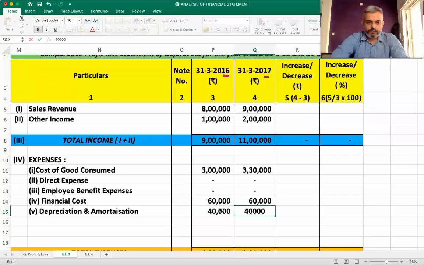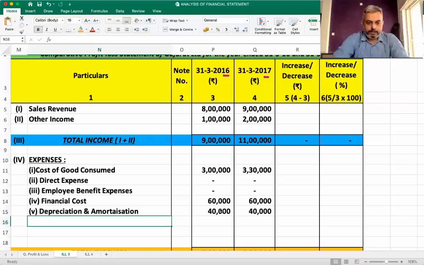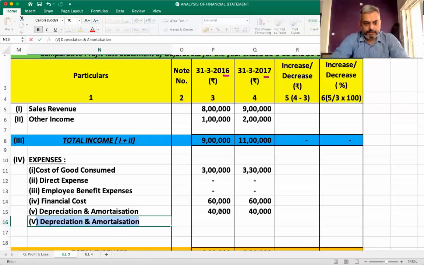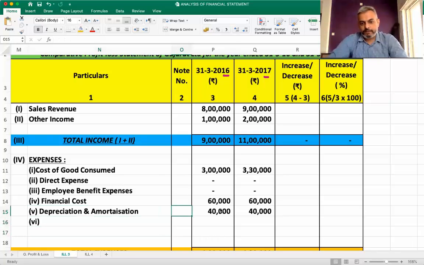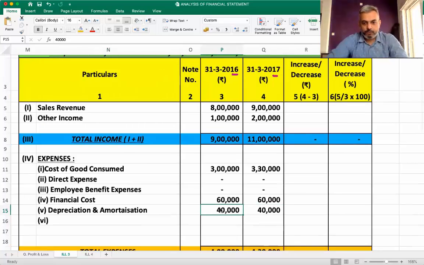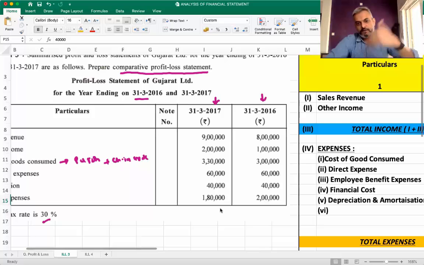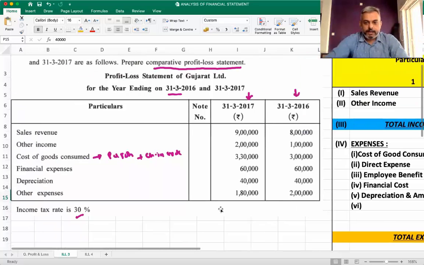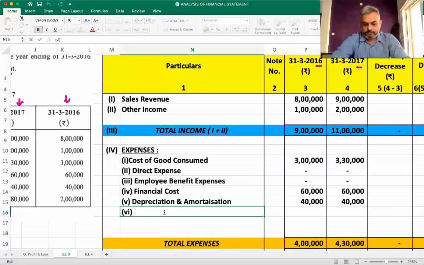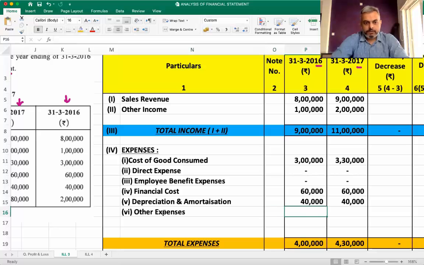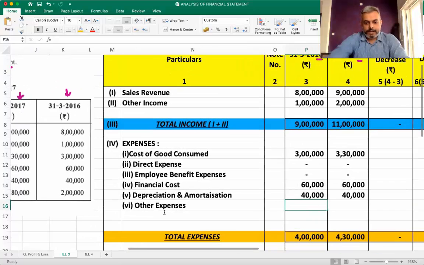So presently no change in assets also, and maybe straight line method, that's why it remains same. This type of analysis you can also do: because depreciation is the same in both years, it must be straight line and no change in the assets, neither purchased nor sold. Other expense, 2 lakh and 1,80,000.